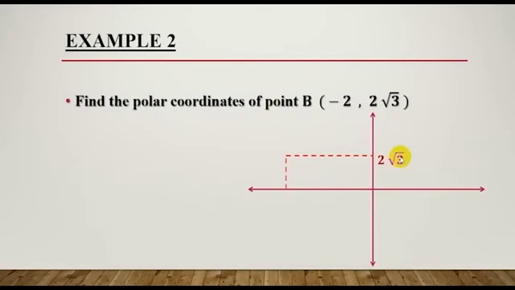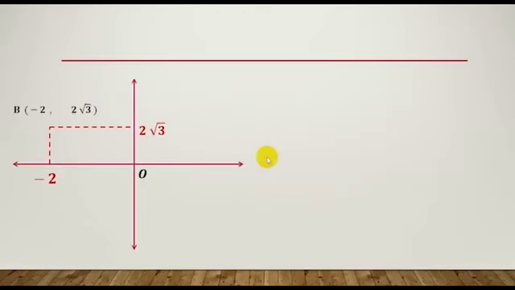This is the value of y and this is the value of x. What will be the polar coordinates of this point? Easy. We will have r, which we need, and theta, and it will be counterclockwise, so it will be positive.